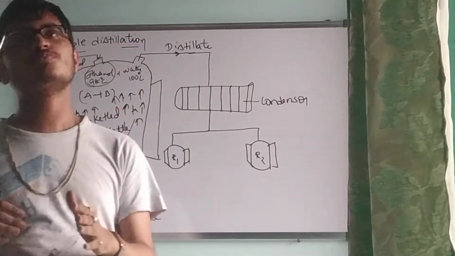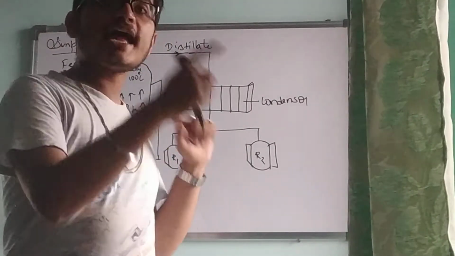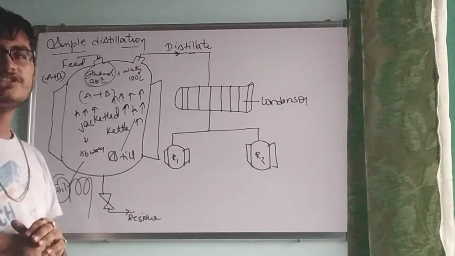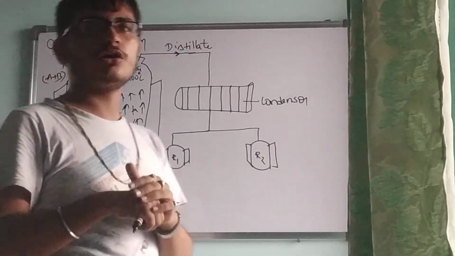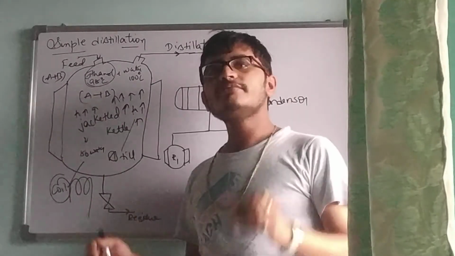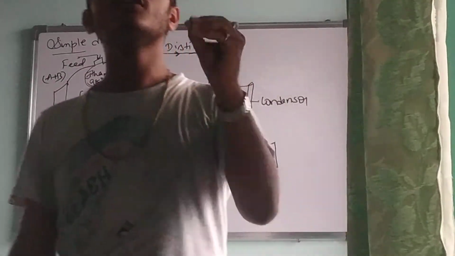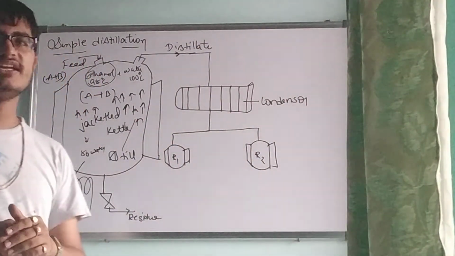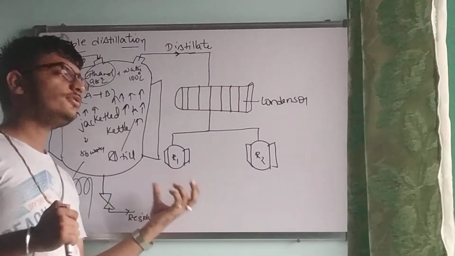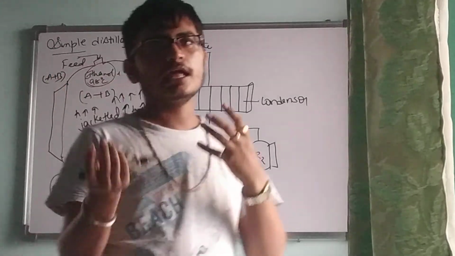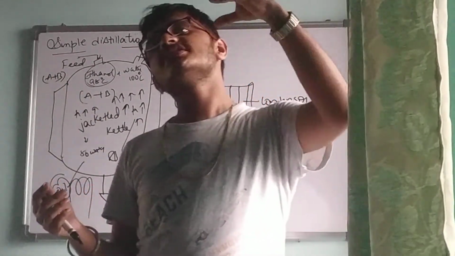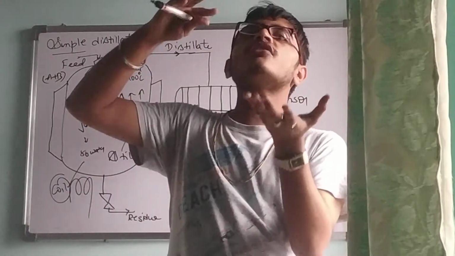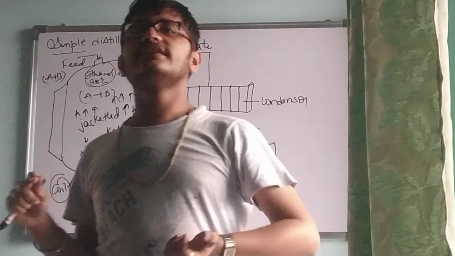But even that vapor consists of some amount of ethanol, or some amount of more volatile component, we can say. Such products are obtained in the later stages of distillation, where you have less of the more volatile component in the vapor.